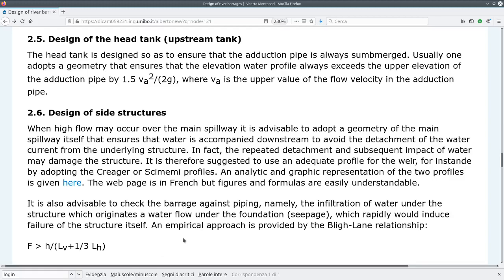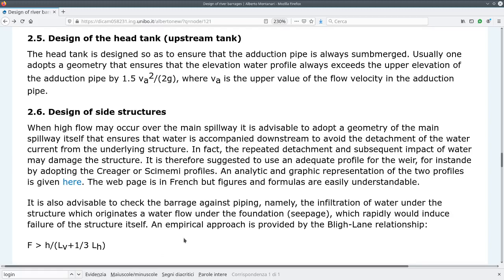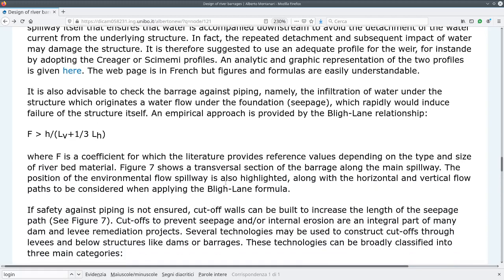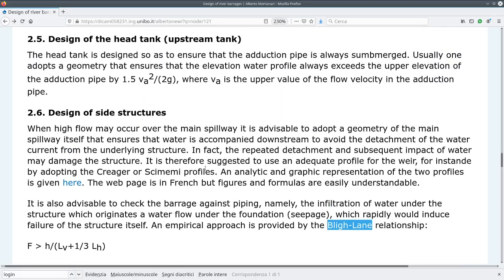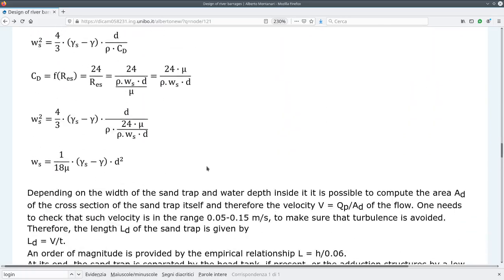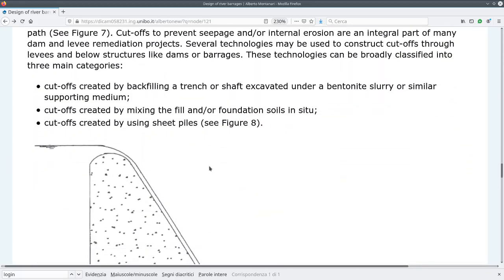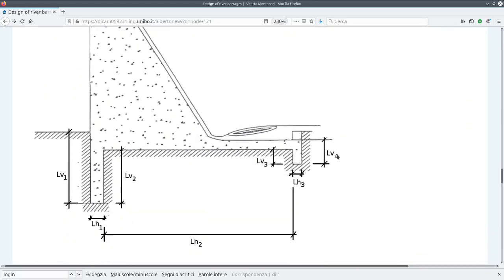I just want to mention a rule of thumb which is used frequently when designing river barrages. This is the Bligh-Lane relationship. What you have to compute, I go back to the previous figure, sorry, the next figure, is the length of the path that water has to follow in order to get from upstream of the barrage to downstream of it.